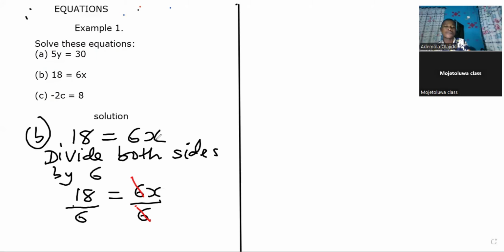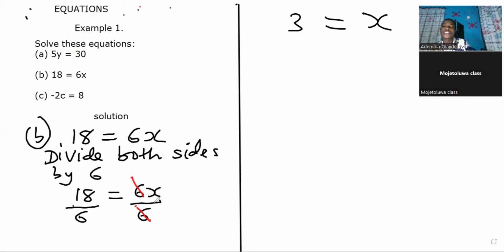So what do we now have left here? On the left, we have 18 divided by 6, which equals 3. Since 6 has cancelled out 6 on the right, what do you have left? x.